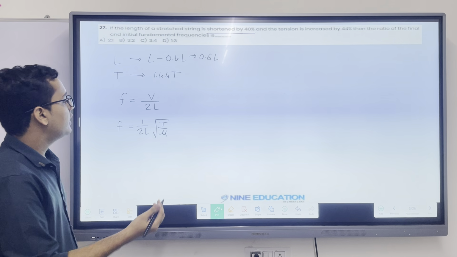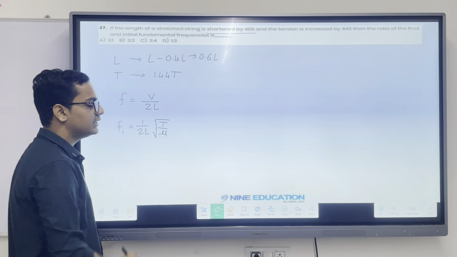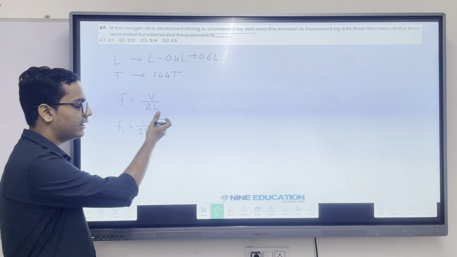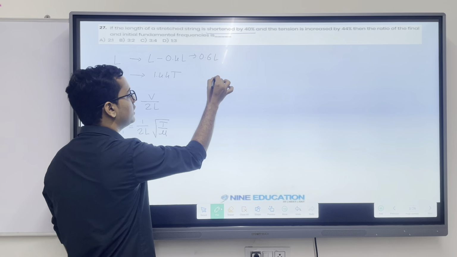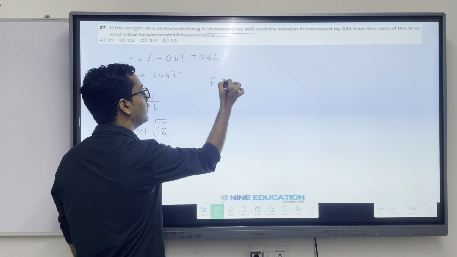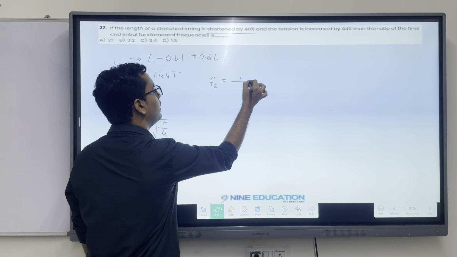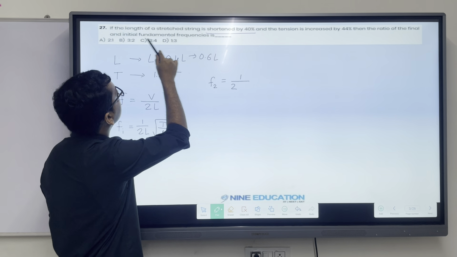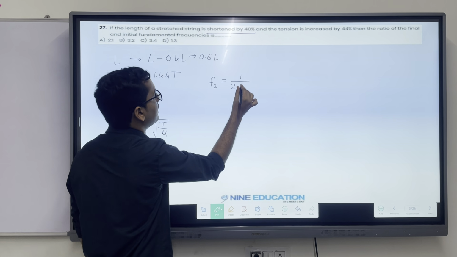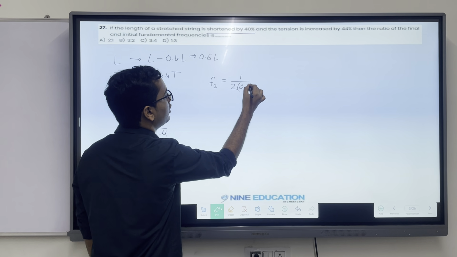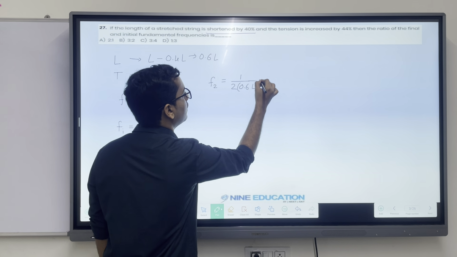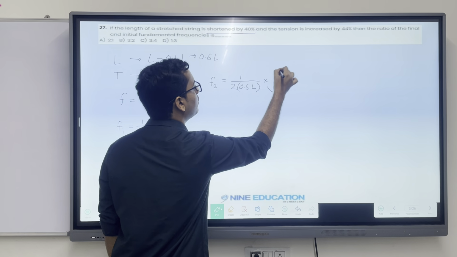So the ratio of final and initial fundamental frequency. Let's say this is the initial fundamental frequency with length L and tension T. What is the final fundamental frequency? It is going to be 1 by 2 times the final length, which becomes 0.6 L, into square root of T by mu.